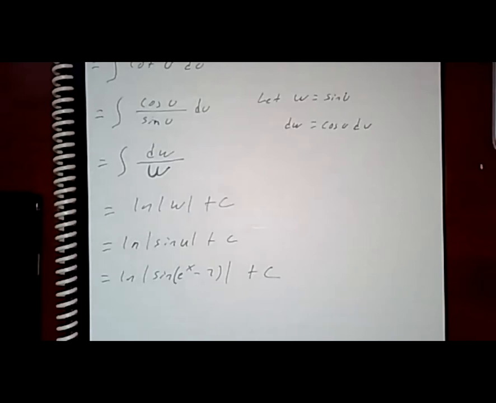Can you guys see that? All you really need is the integration properties. Let me see if I can turn that into a PDF for you because that looks kind of bad.